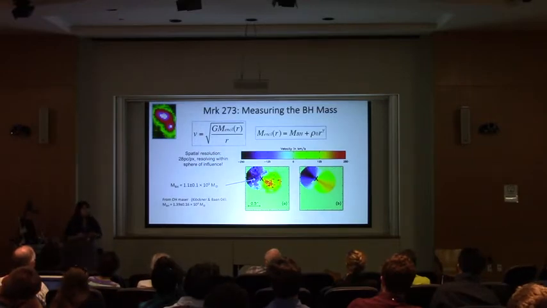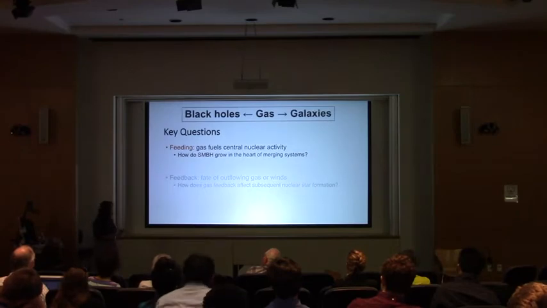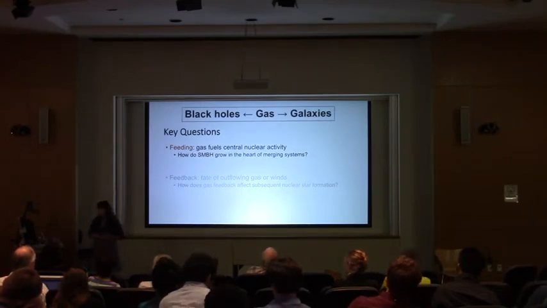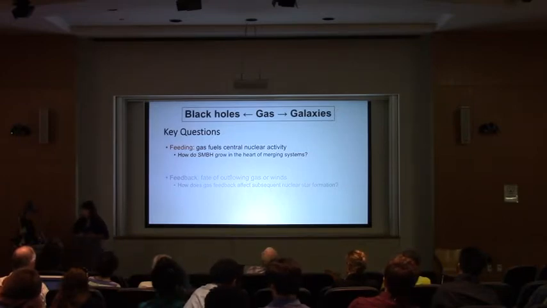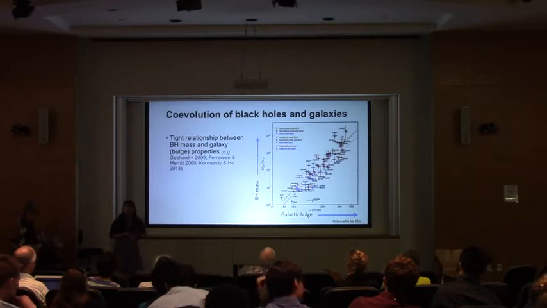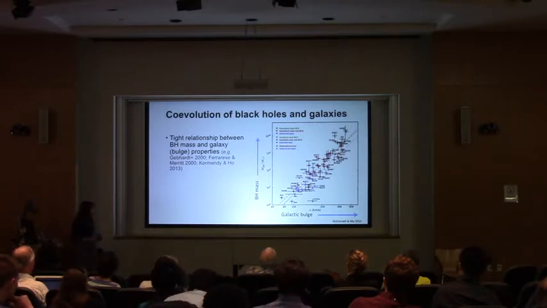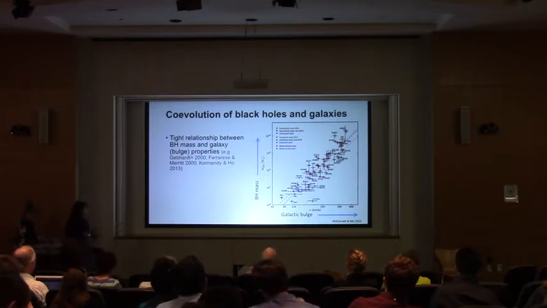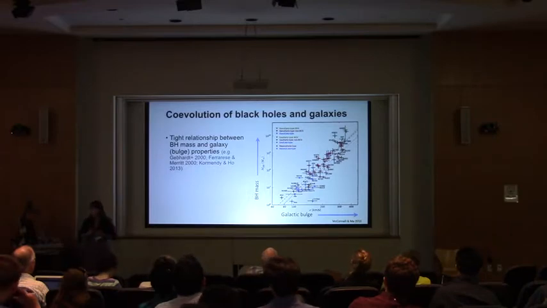Now, what this allows us to do, more importantly, is to actually answer the question that I first posed earlier in this part of the talk, where if we wanted to understand how supermassive black holes grow, we might want to think about the very tight scaling relations between the black hole mass and the galaxy's bulge property. So this is the well-known M-sigma relation, where it basically suggests that the larger the galactic bulge, the larger the black hole mass.